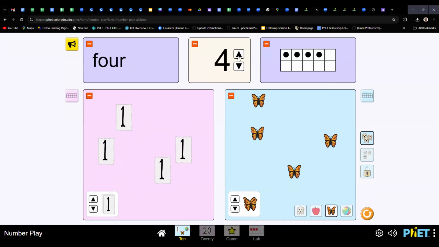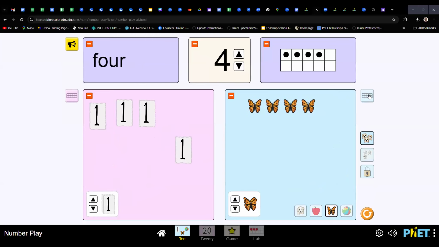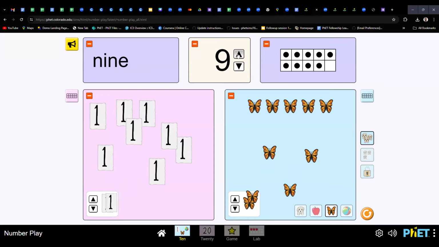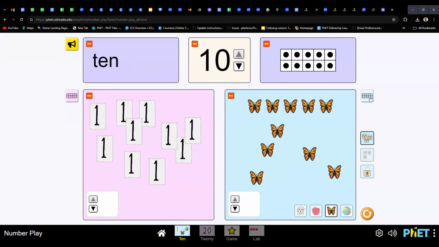I also discovered that I can move these numbers around. I can click on this, and when I click on it, the butterflies are in order. And if I have 10 and I click on this, they are in order.